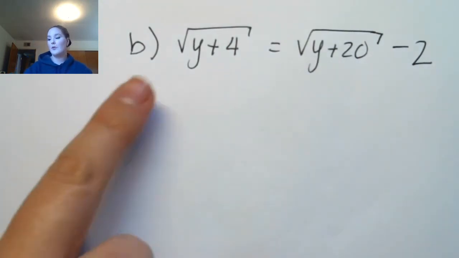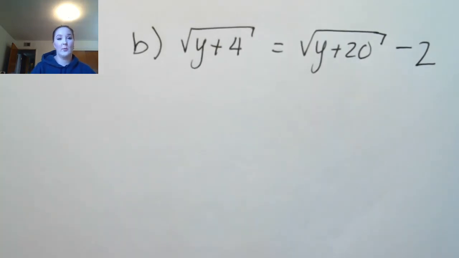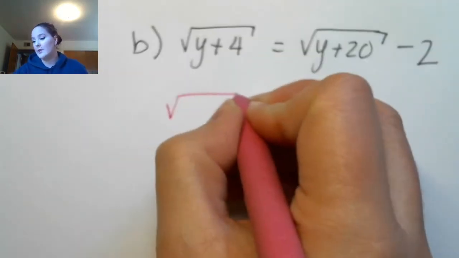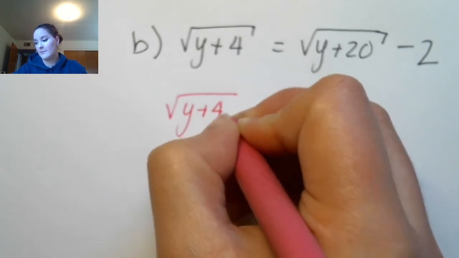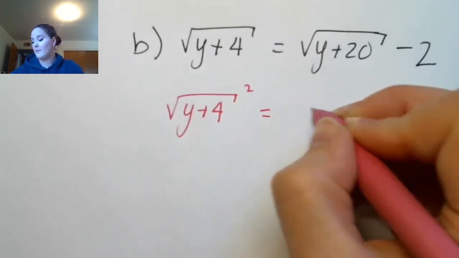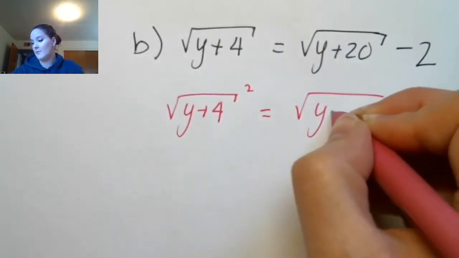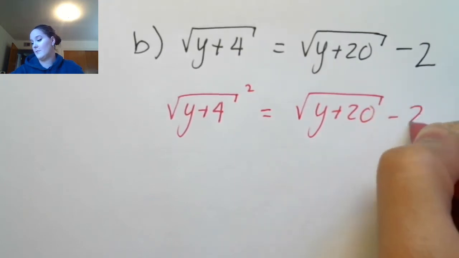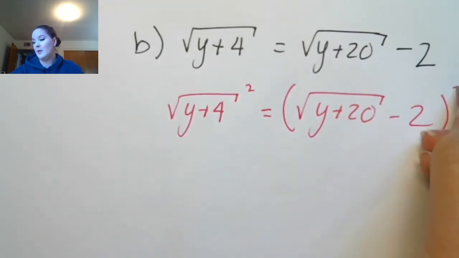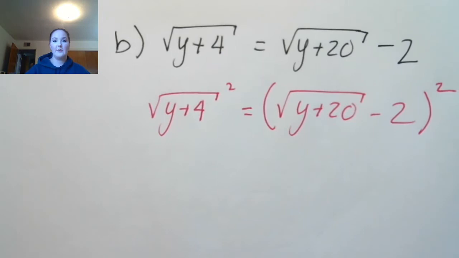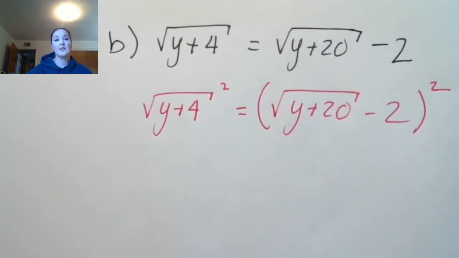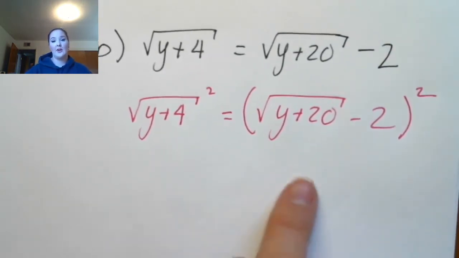In this example, you can see that one of my radicals is already isolated. So I am done with the first step and I am ready to square both sides. Let's go ahead and do that. The most common mistake I see with these problems is that students don't square the entire expression here.